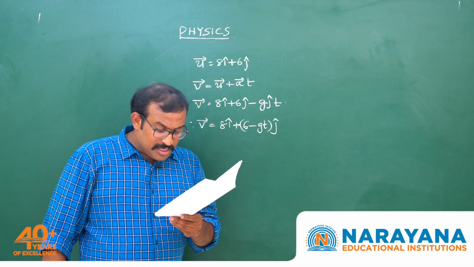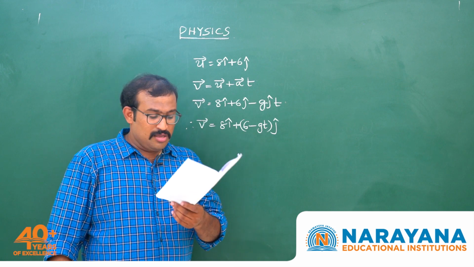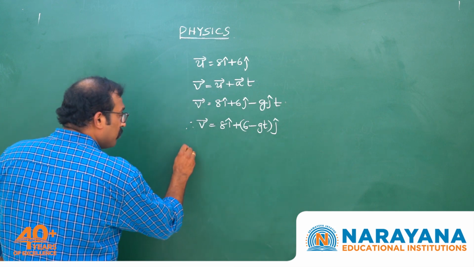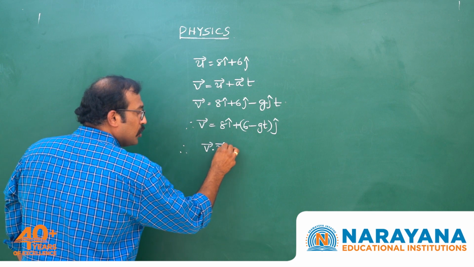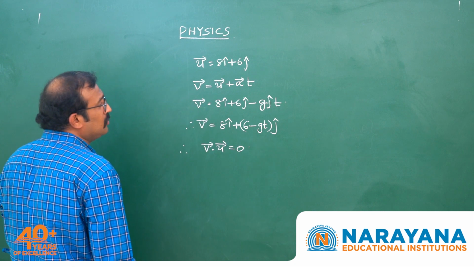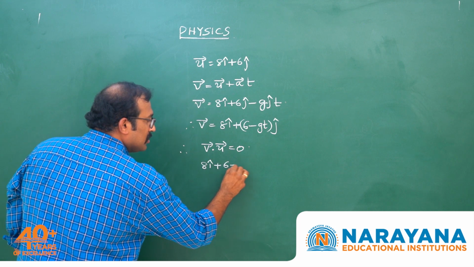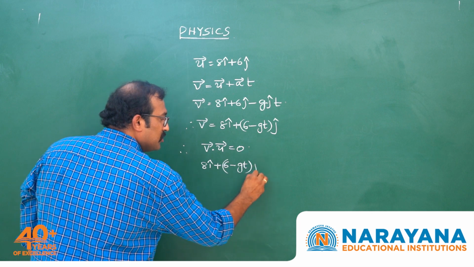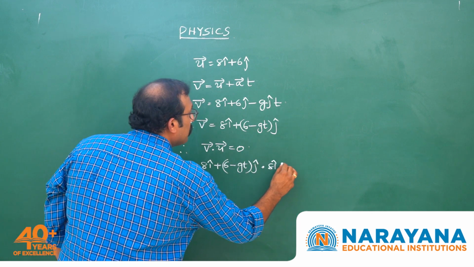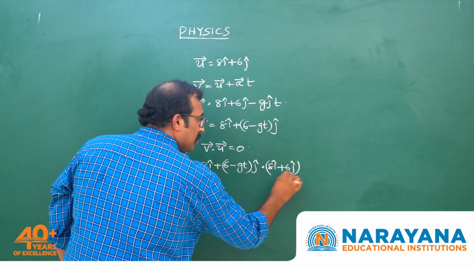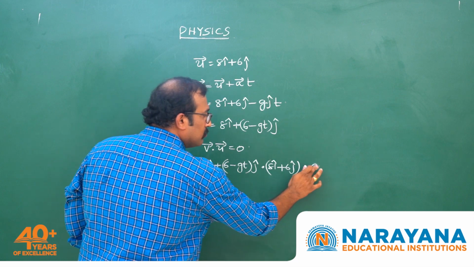Now we want the time after which the initial velocity vector is perpendicular to the final velocity vector. For two vectors to be perpendicular, we can write v bar dot u bar is equal to 0. Therefore, v bar, 8i cap plus (6 minus gt) j cap, dot u bar, 8i cap plus 6j cap, dot product of two vectors is equal to 0.